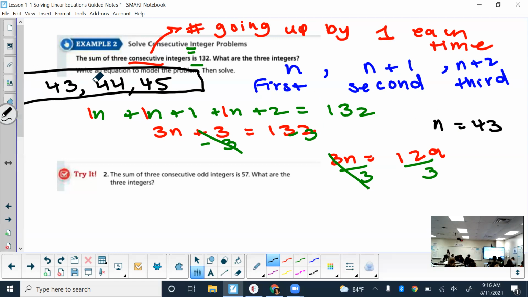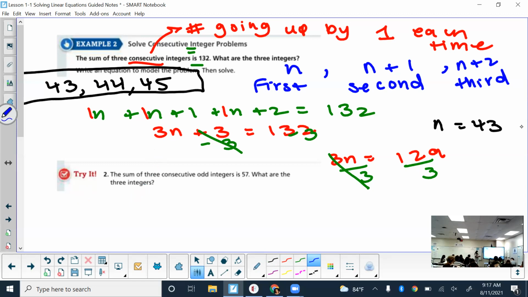Example? Okay, 1, 3, 5, 7, 9, 11, 13, 15. So instead of going up by 1 each time, it's going up by 2. Same with consecutive even integers. It's going up by 2 each time if it says even integers also.